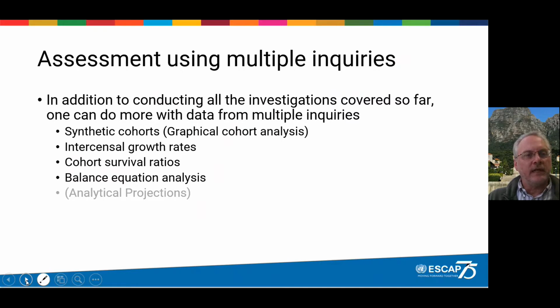What we're going to be covering here are matters relating to synthetic cohorts and graphical cohort analysis, intercensal growth rates, the derivation of cohort survival ratios, and balance equation analysis. We'll also be making mention of information derived using analytical projections, for example, the comparison with data from other populations, projections, and series of population estimates.